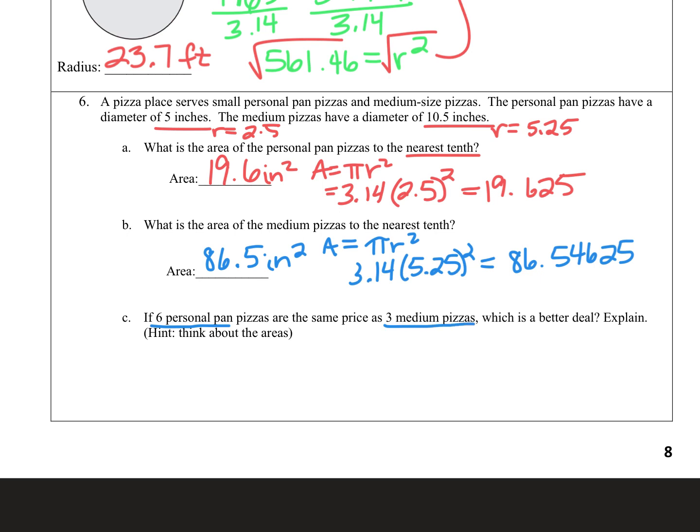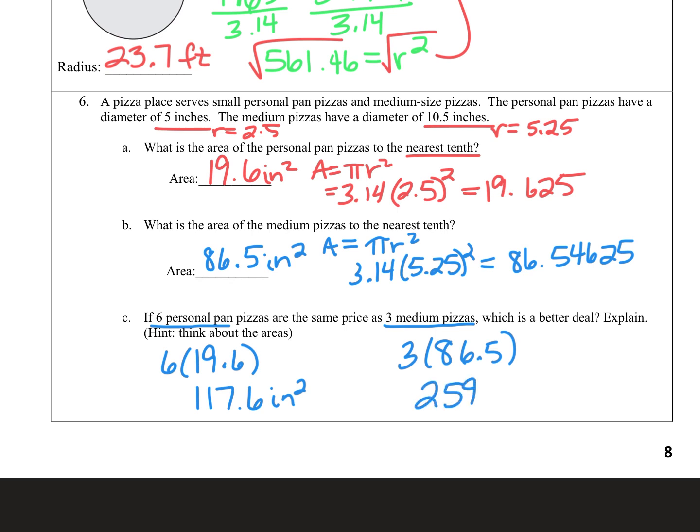If 6 personal pan pizzas are the same price as 3 medium pizzas, which is a better deal? Well, 6 of the personal pans, so 6 times 19.6, or do we want 3 times 86.5? 6 times 19.6 gives us 117.6 square inches of pizza. 3 times 86.5 gives us 259.5 square inches of pizza.